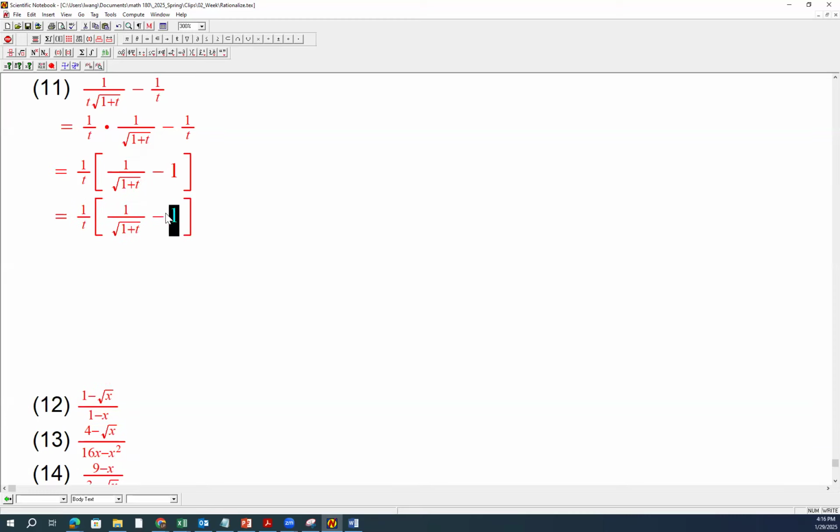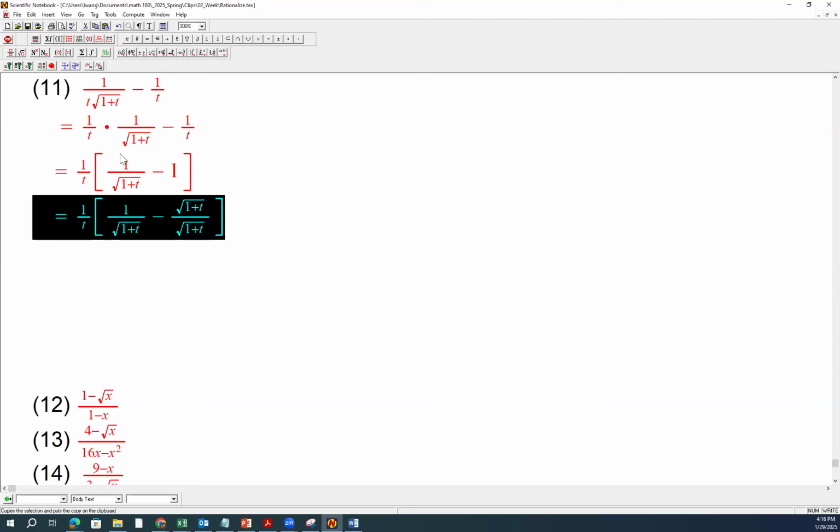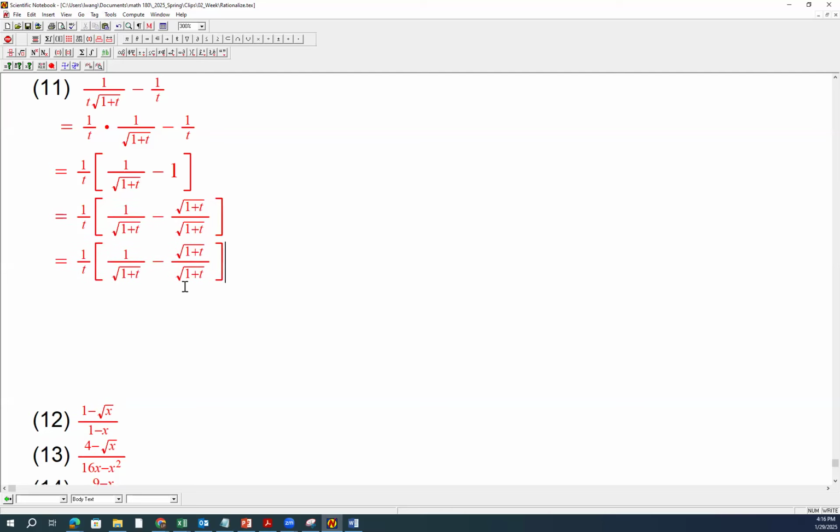Okay, we're going to find a common denominator. The common denominator is root 1 plus t. So this 1 is replaced by root 1 plus t over root 1 plus t, and now we have the same denominator. We're going to take the numerator and subtract. So 1 minus root of 1 plus t.